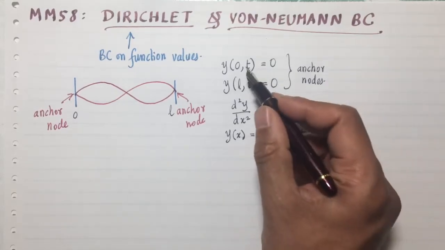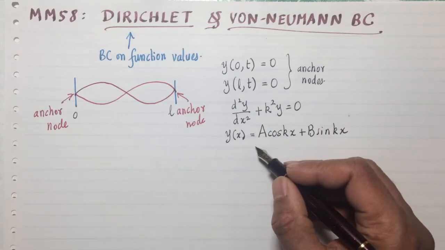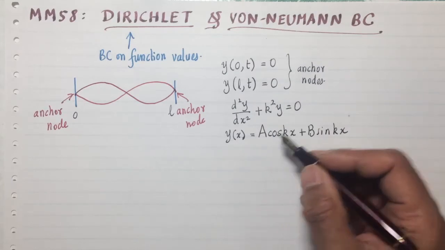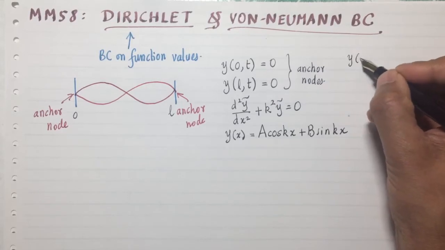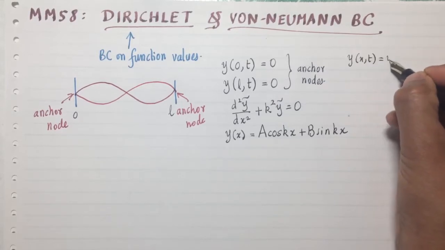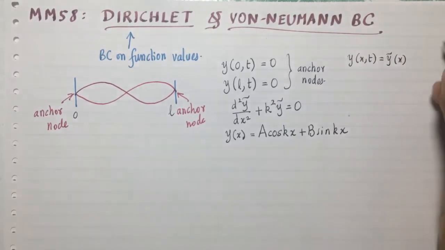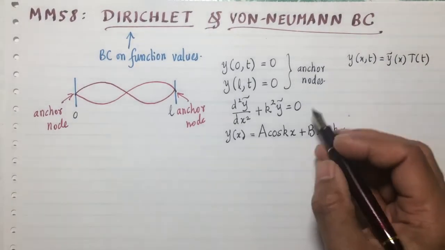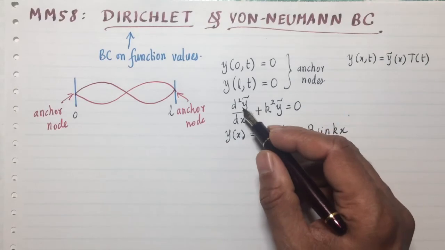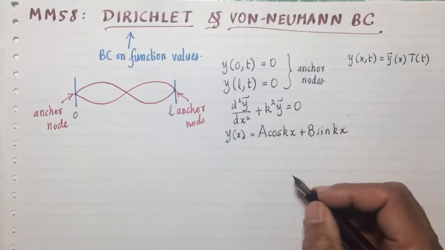The first anchor node condition will tell us that, let me call this y tilde. So what I'm doing here is I'm writing y of x comma t as y tilde of x and t of t. I used to call this capital Y in the previous videos, but I lost that chance by writing it as little y, so I'm calling it y tilde instead.